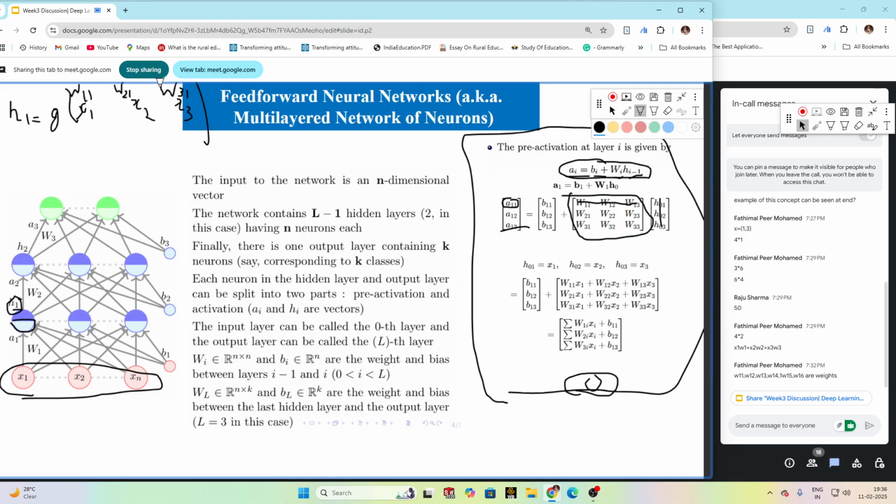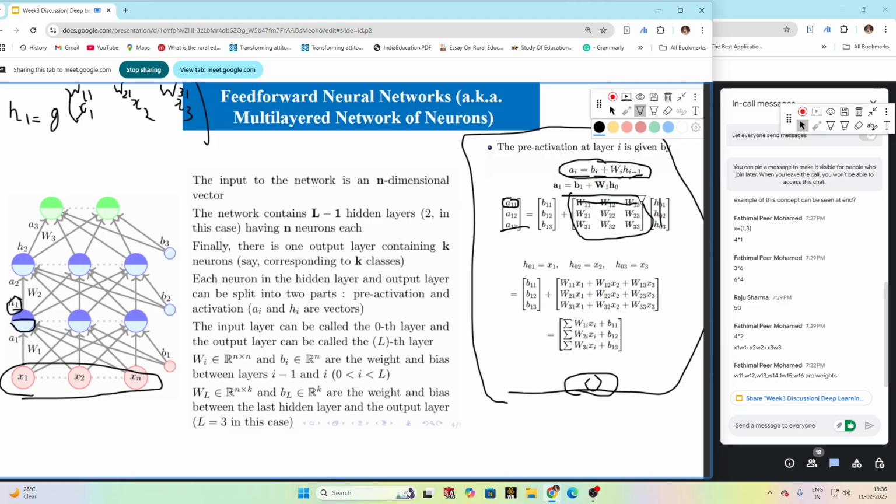That should not happen, right? Because if I just use my brain, this will be W11, this will be W21, and this will be W31, but according to our calculation, this is W11, this is W12, and this is W13.